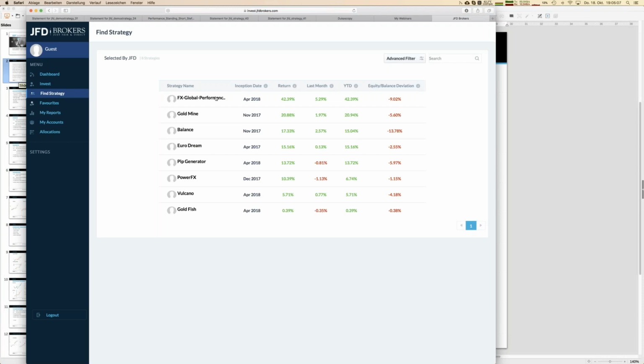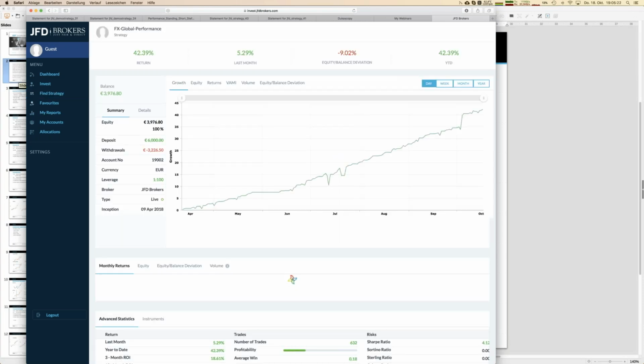And you see we have a new number one. It's a really well-doing strategy, FX Global, and it has a year-to-date performance since April of more than 40%, which is really amazing. And if you look at the equity, you see a more or less straight line, quite well.